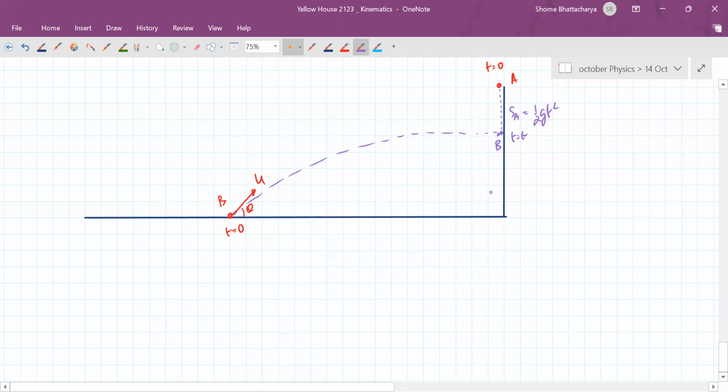So B's x component of displacement is u cos theta t, so that is 40t. And B's y component of displacement is 30t minus 5t square.